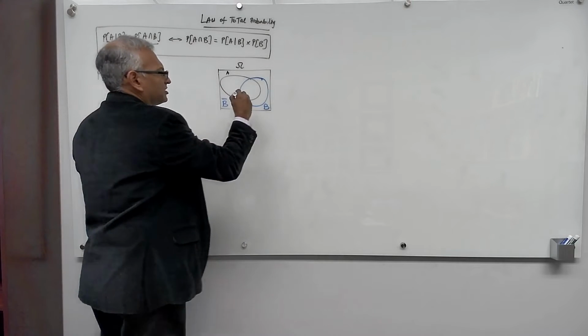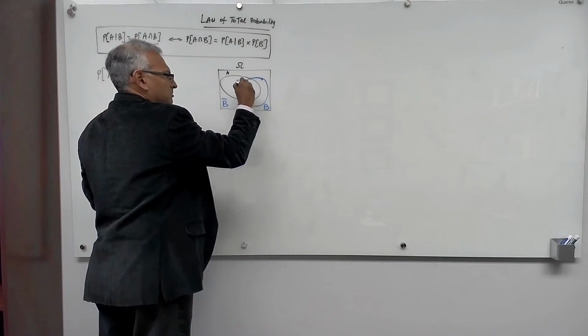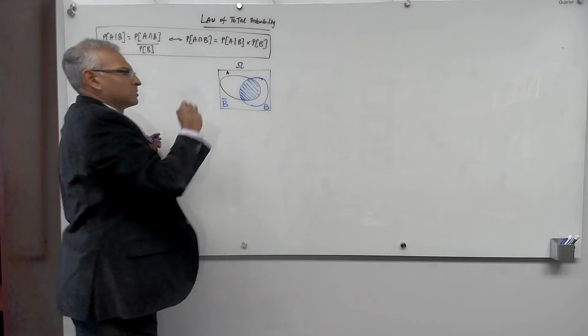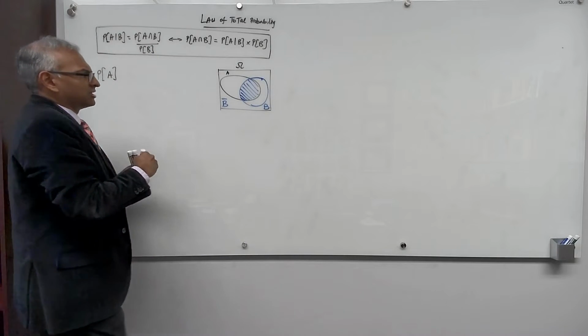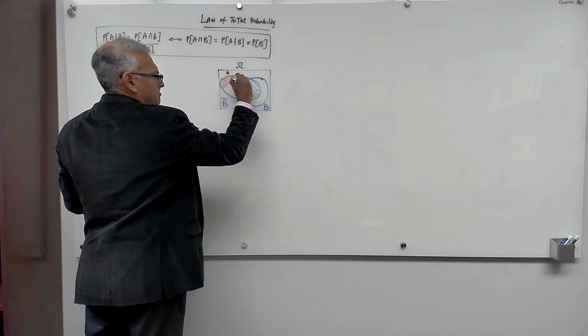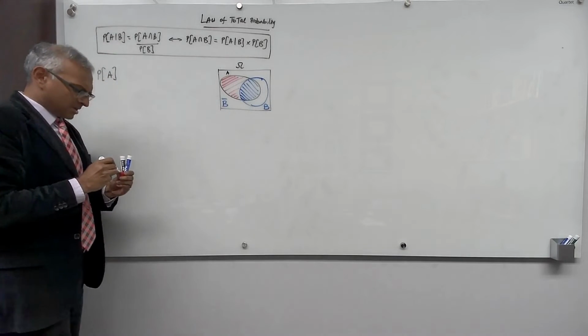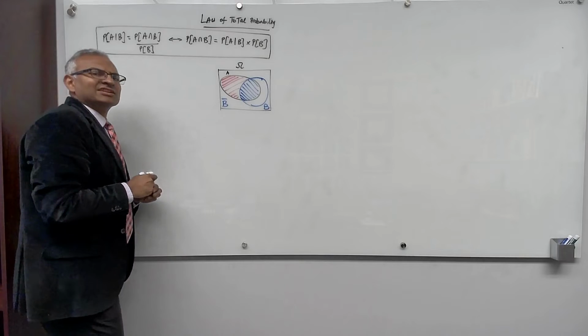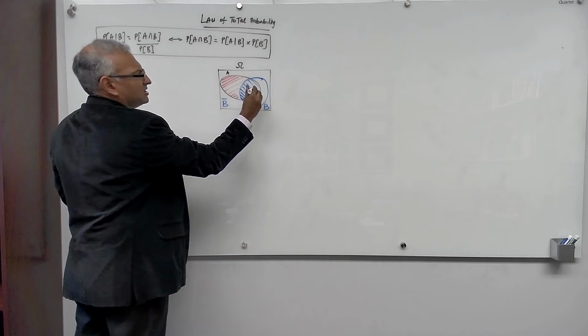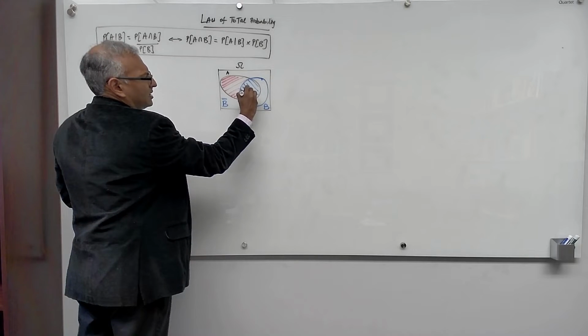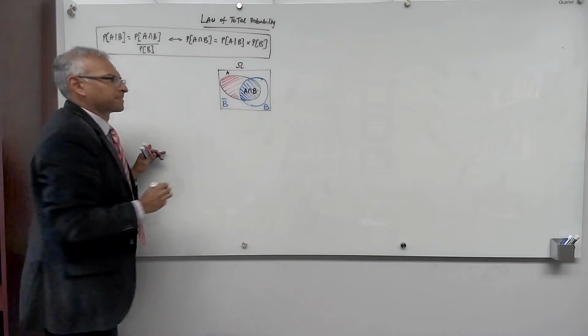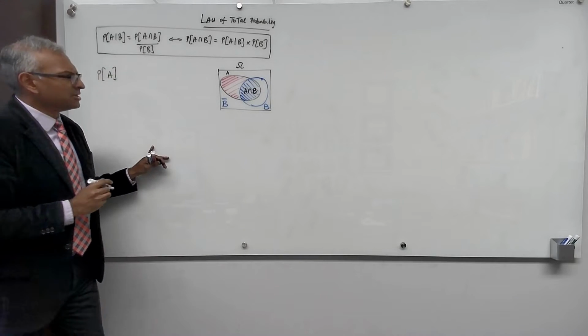I'm going to color the first region blue, and I'm going to color the second region red. Let's see if we can figure out what these two regions are. This region here is easy. This is exactly A intersection B. No problem. That's the blue region. What about this region?